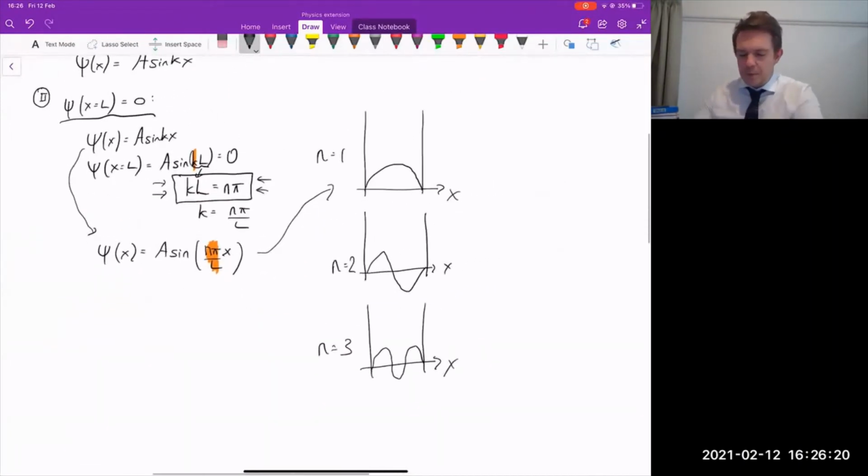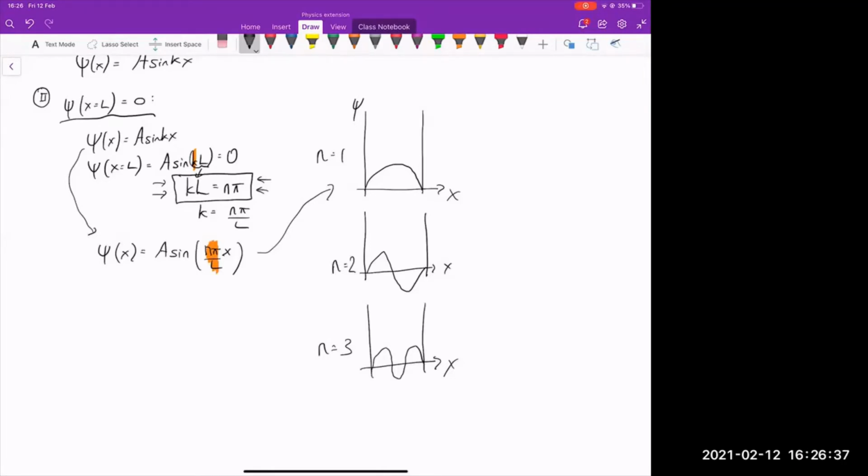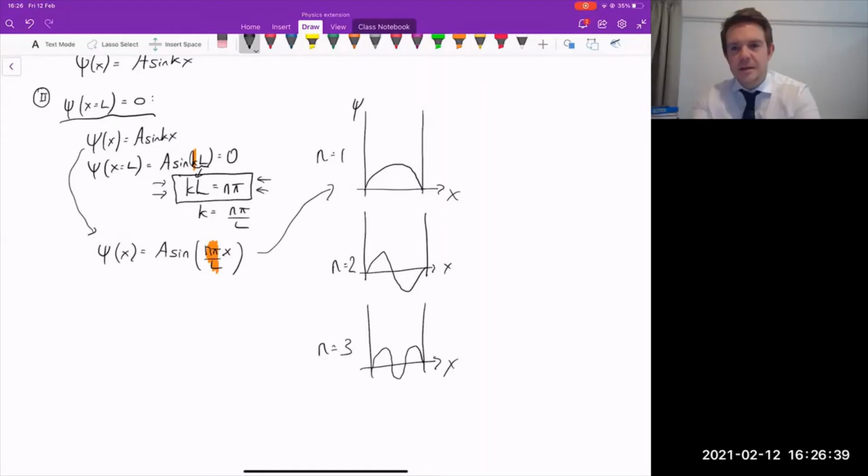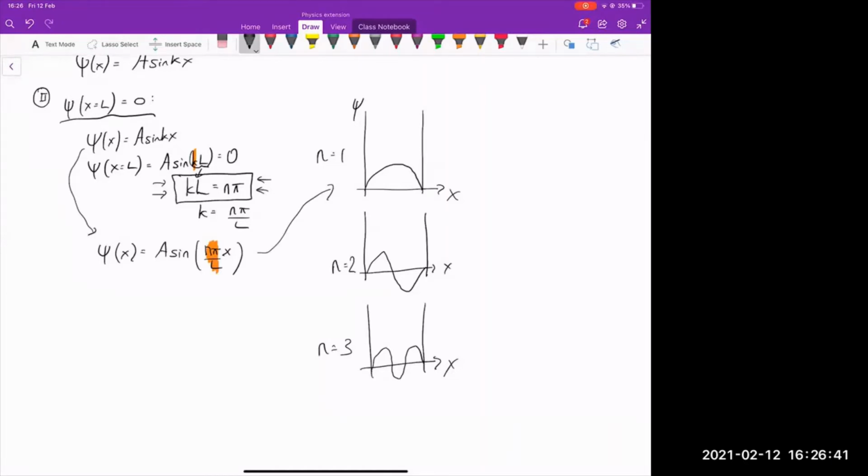Does anyone remember what the wave function squared tells us? What's the significance of squaring the wave function? They're all positive values. Say that again. Who was that? Mirabel. Yeah, certainly.